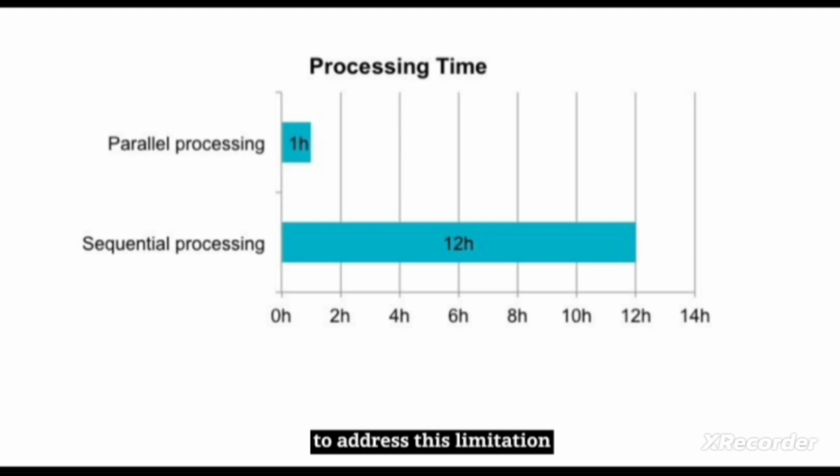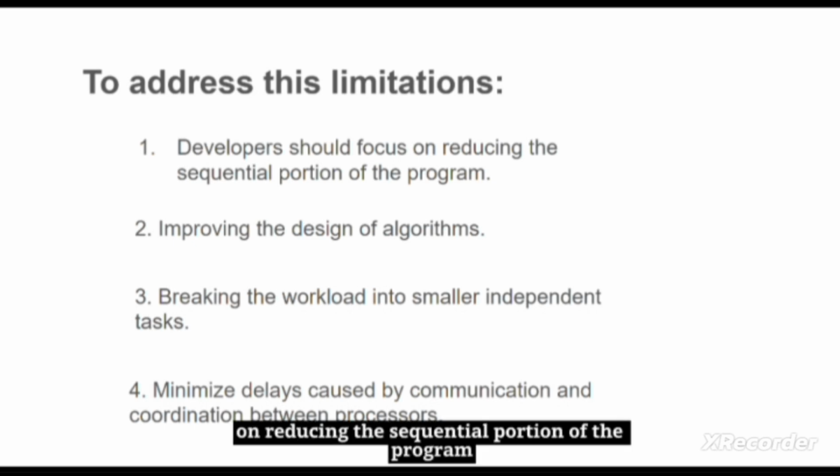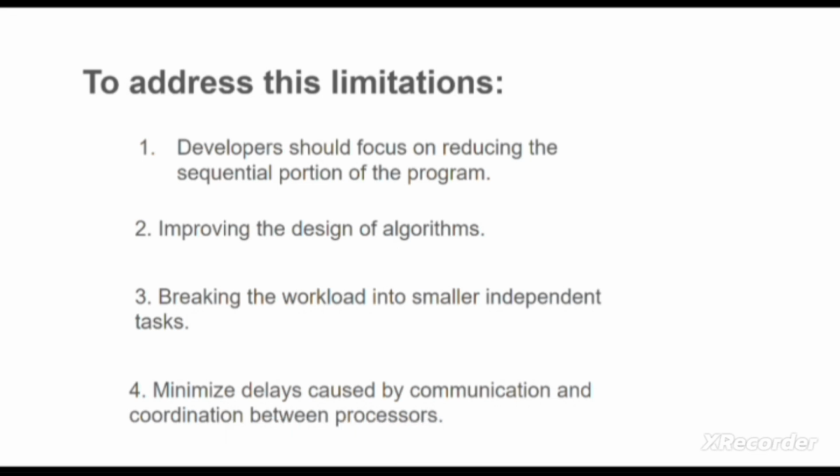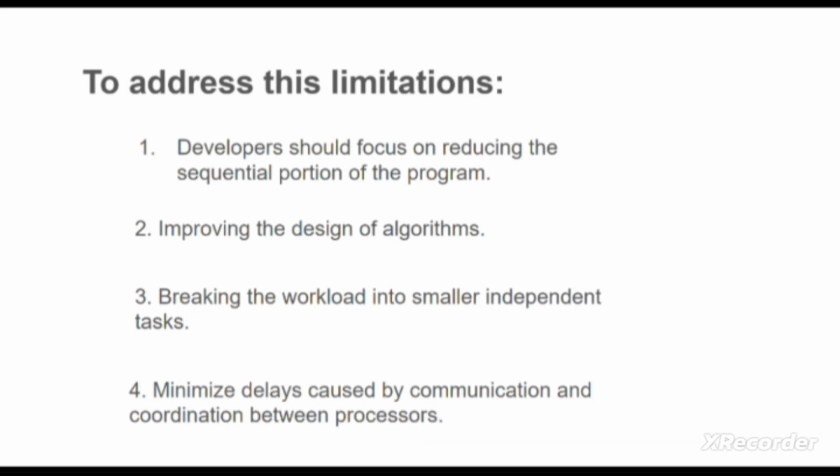To address this limitation, several strategies can be applied. First, developers should focus on reducing the sequential portion of the program. Since this part cannot be executed simultaneously, it becomes the main bottleneck.